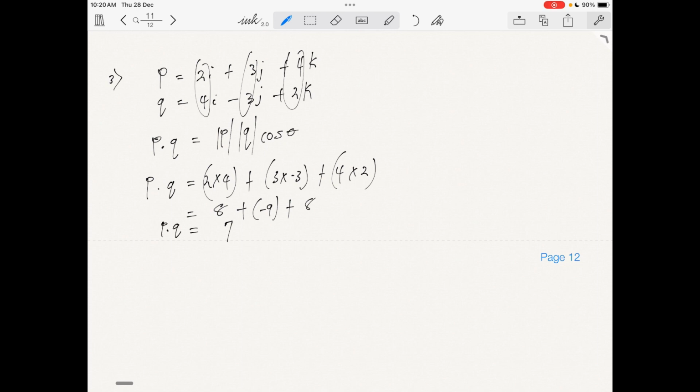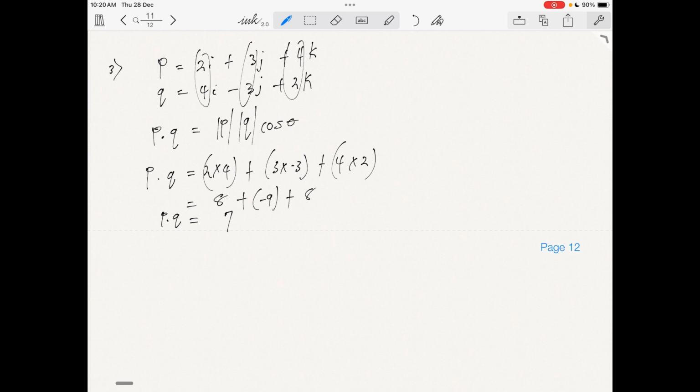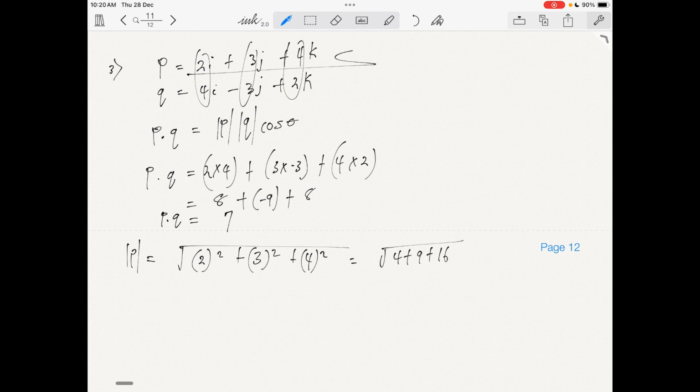Now to evaluate our modulus of p, that will give us the square root of 2 squared plus 3 squared plus 4 squared, and that will give us the square root of 4 plus 9 plus 16, which is root 29.